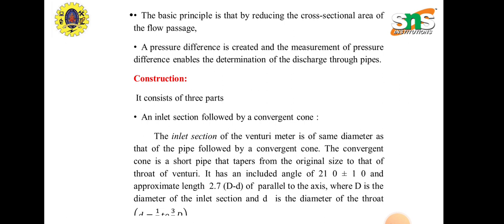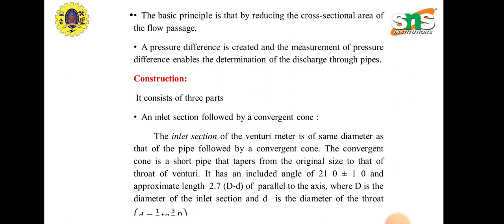So it consists of three parts: an inlet section followed by a convergent cone. The inlet section of the venturi meter is of the same diameter as that of the pipe. Followed by a convergent cone. The convergent cone is a short pipe that tapers from the original size to that of the throat of the venturi meter.